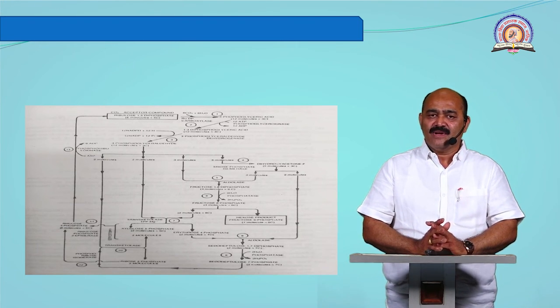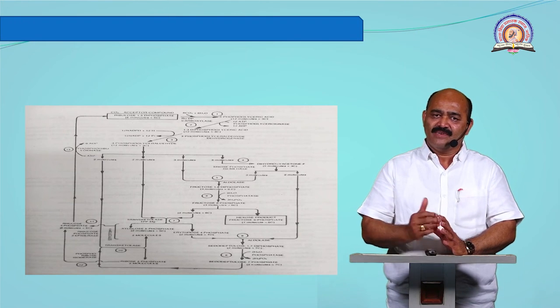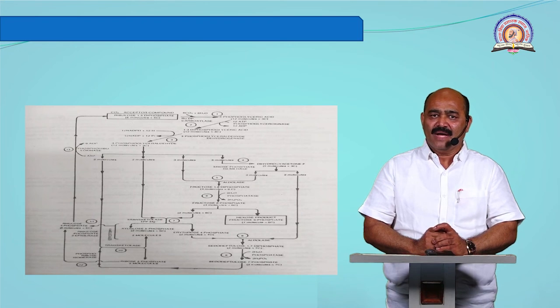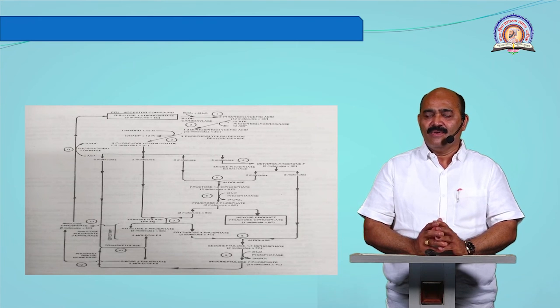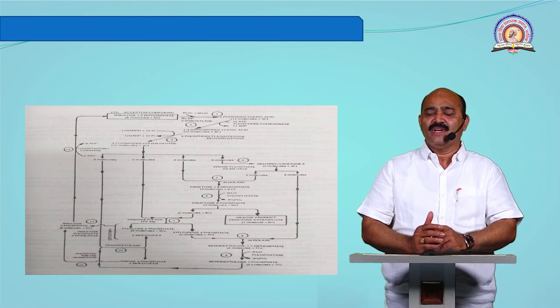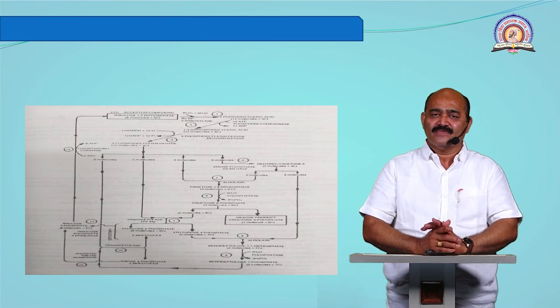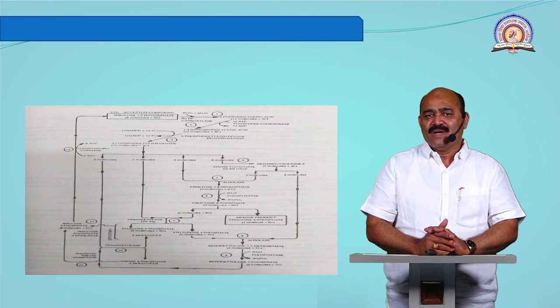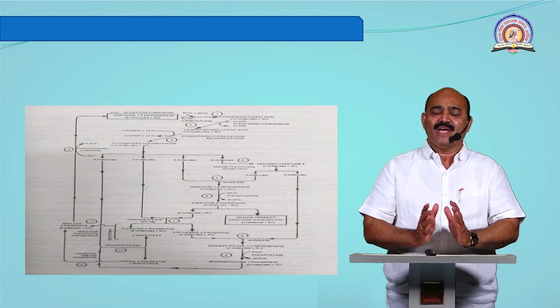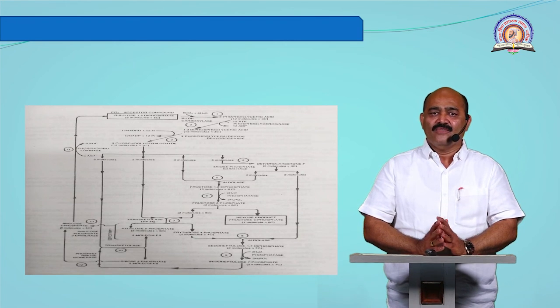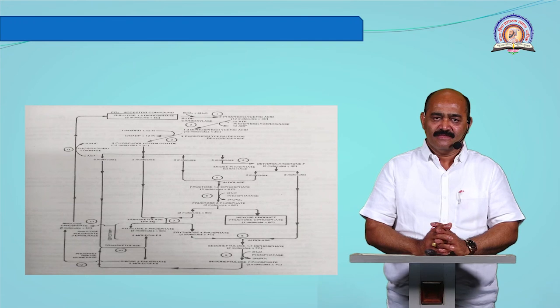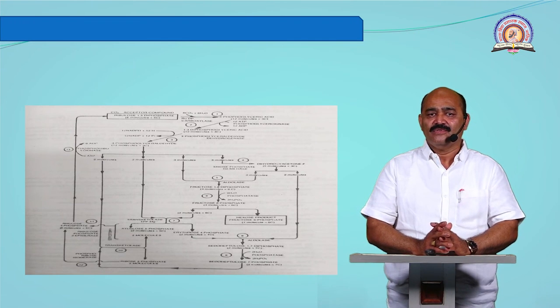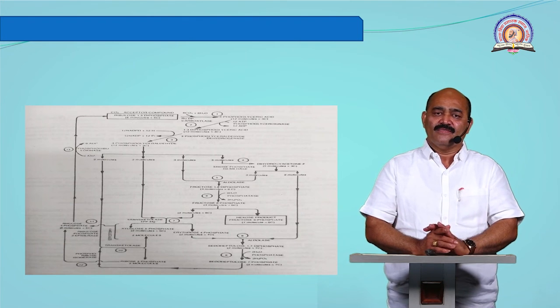Two molecules of 7 carbon compound, sedoheptulose 1,7 diphosphate, are converted into sedoheptulose 7 phosphate. Again, two water molecules are utilized. And now sedoheptulose 7 phosphate, 2 molecules of 7 carbon compound, that means 14 carbon compound, combines with the remaining 2 molecules of 3 carbon compound 3-phosphoglyceraldehyde. That means 14 carbon compound combined with 6 carbon compound, total 20 carbon compound, come together to form again xylulose 5 phosphate, 2 of 5 carbon compound, and ribose 5 phosphate, 2 molecules of 5 carbon compound.